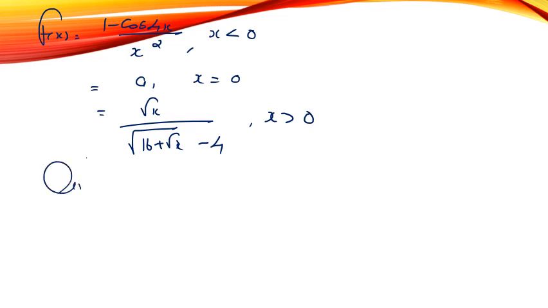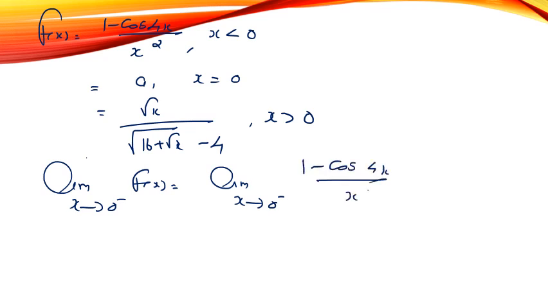So what is limit x tends to 0 minus f of x? For x less than 0, it is 1 minus cos 4x by x square, which is equal to limit x tends to 0 minus 2 sine square 2x by x square.